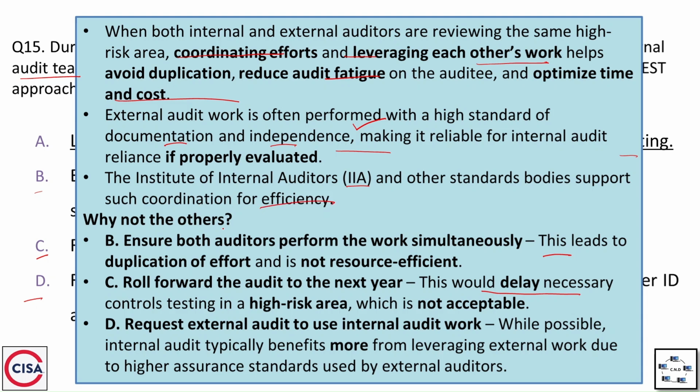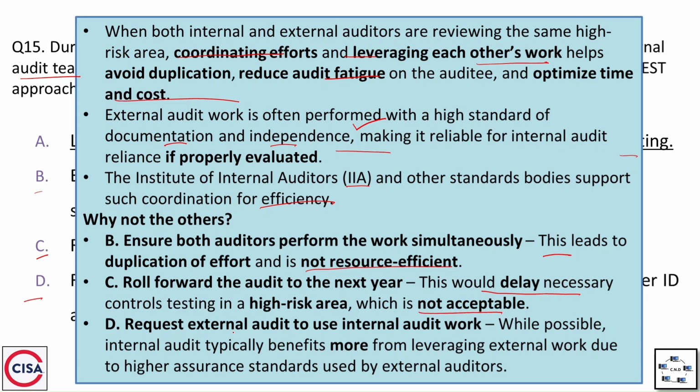Why not the other options? Option B, ensure both auditors perform the work simultaneously. This leads to duplication of effort and is not resource efficient. Option C, roll forward the audit to the next year. This would delay necessary controls testing in a high risk area, which is not acceptable.